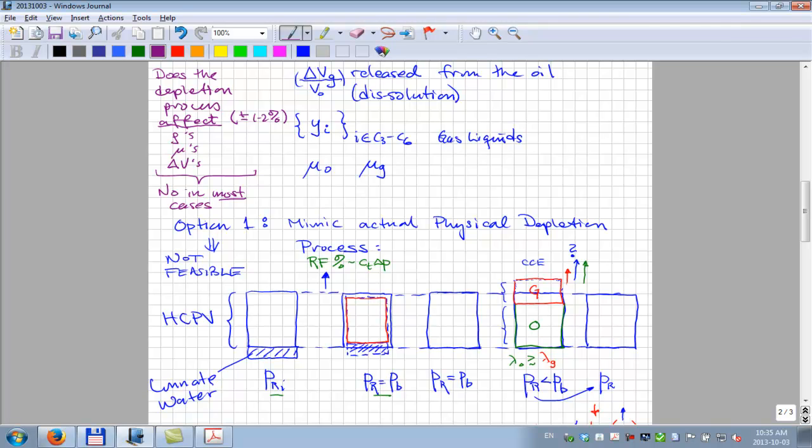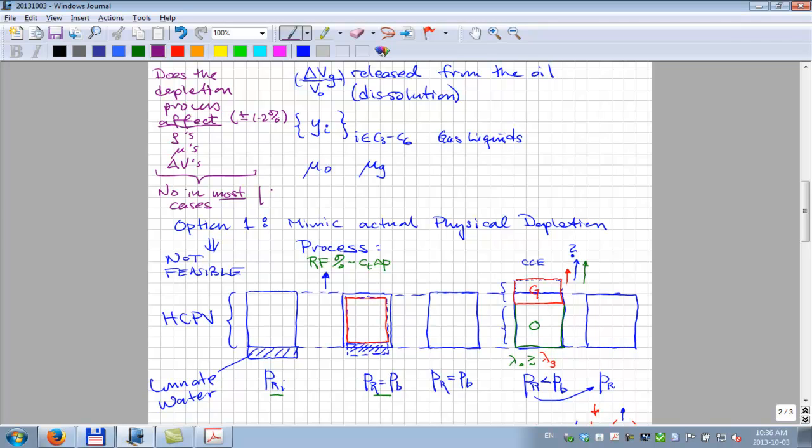Certainly pre-1980, it doesn't matter. When does it matter? For these gas oil ratio systems above 500 standard cubic meters per standard cubic meter.